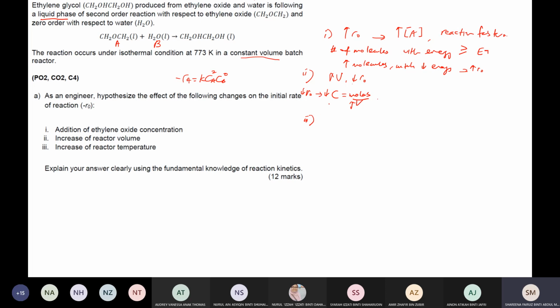And then number 3, increase of the reactor temperature. Of course it will increase the R naught. So the minimum energy required to proceed with a reaction is called activation energy.